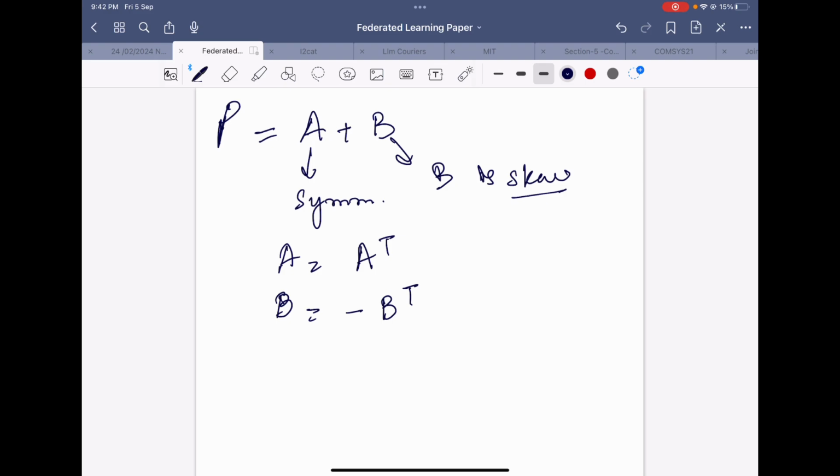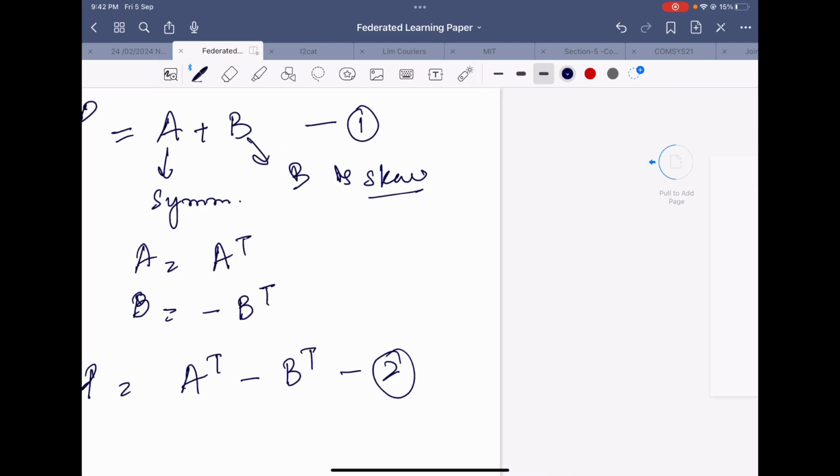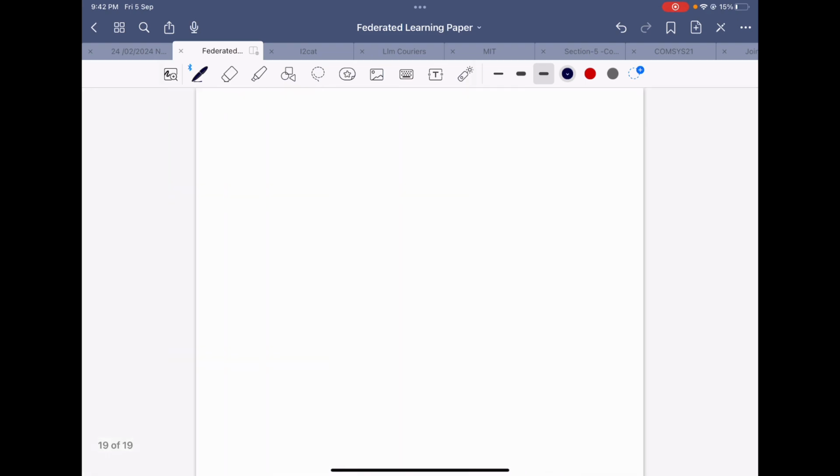This we know. Now, if we rewrite equation 1 as A equal to A transpose and B equal to minus B transpose, and then let's say that we sum up these two equations, it will be like 2P is equal to A plus B plus A transpose minus B transpose.